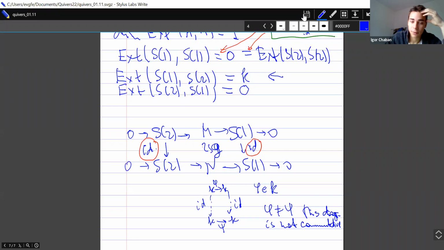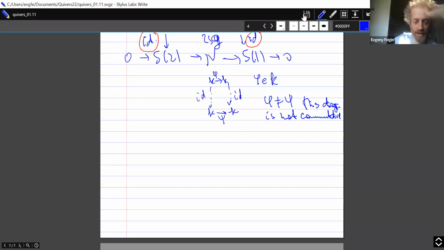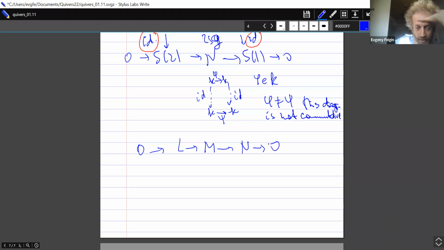Let's see. I think it should work. You see, if we have an exact sequence L, M, and 0, then the arrows look like A alpha, B alpha, 0, C alpha, right? And then if we somehow multiply everything by t.